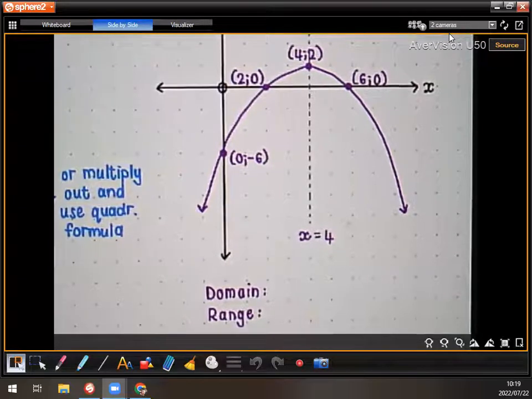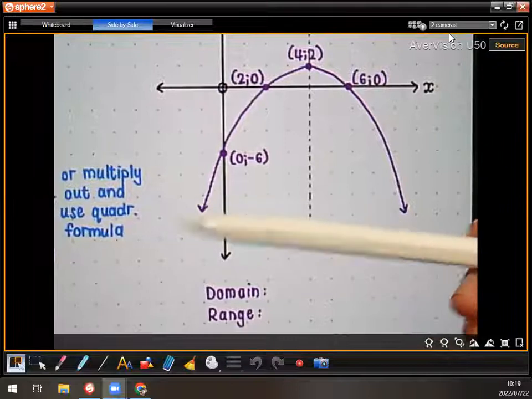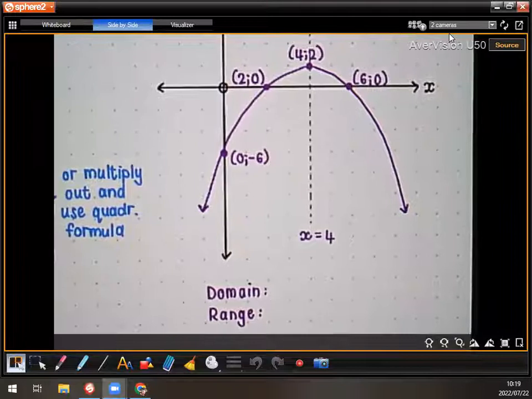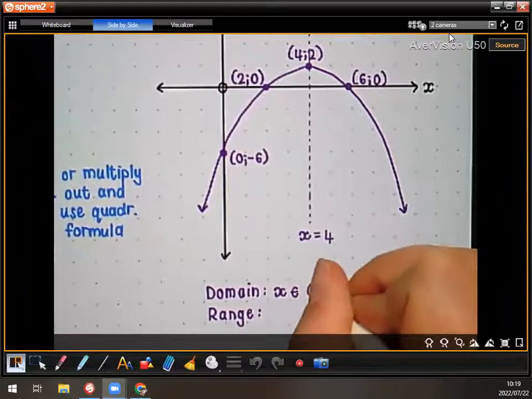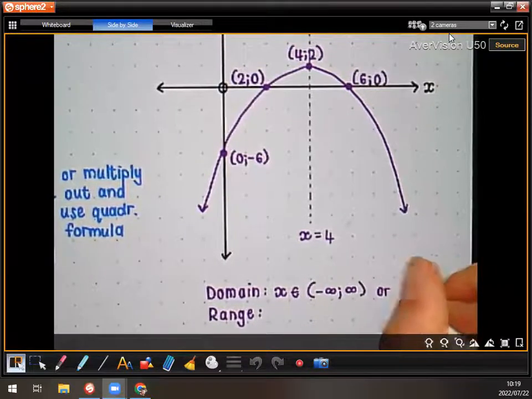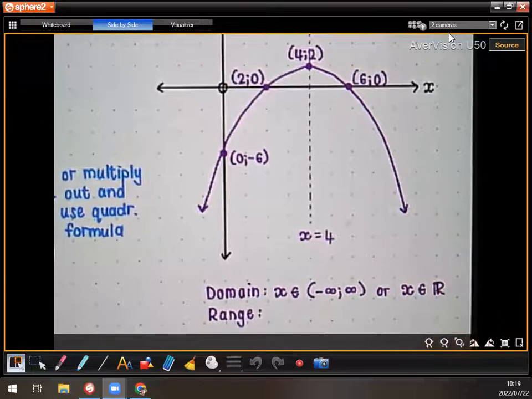What's the lowest x value going to be? Negative infinity. Okay, we have that arrow, and the biggest x value, positive infinity. Okay, good. So you can again write it in either notation that we used before. Remember, whichever one you prefer, everyone.